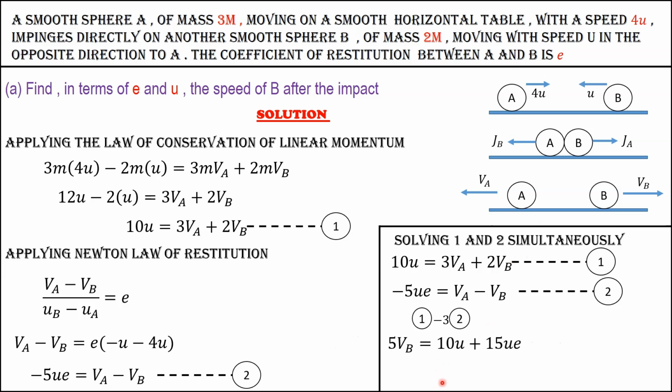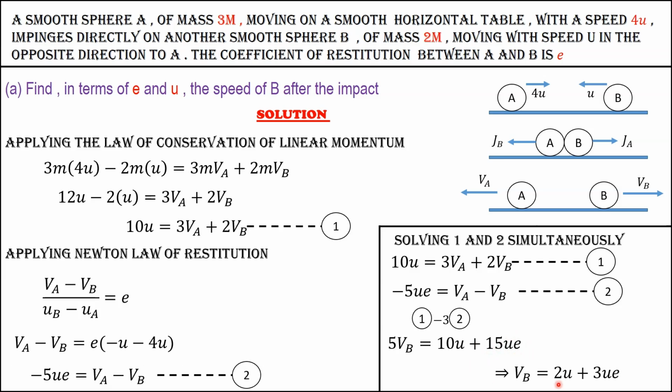So doing this, we are going to get 5VB. If you multiply equation 2 by negative 3, obviously we are going to have 2VB plus 3VB, which gives us 5VB equal to 10U plus 15UE.